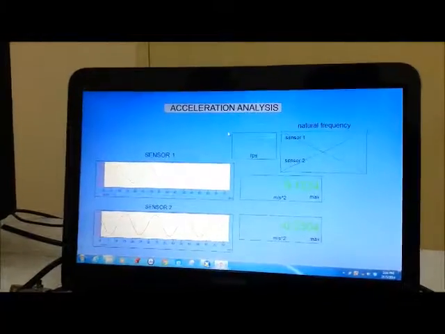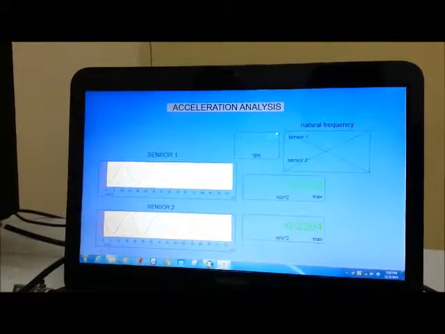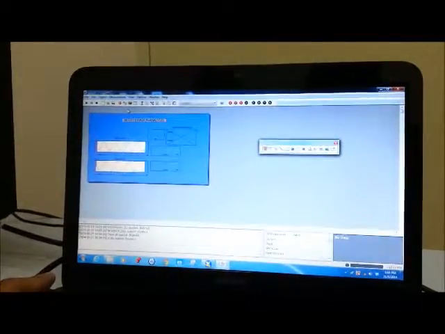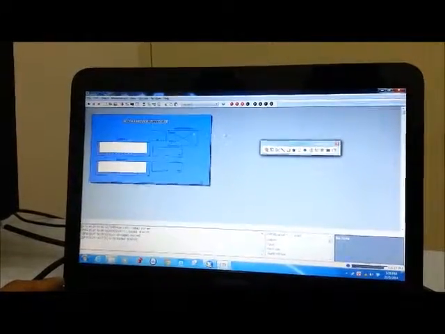For example, this is the acceleration analysis. For the first, we can get the acceleration analysis because we know the input.